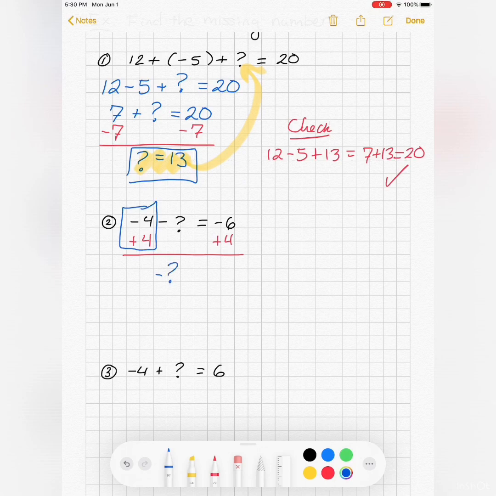So negative of the mystery number equals negative 2. So that means, doesn't that mean the mystery number has to be 2 if its negative is negative 2? So let me check. So I go back up here and let's see how that looks. So negative 4 minus my mystery number is negative 6. Yes.